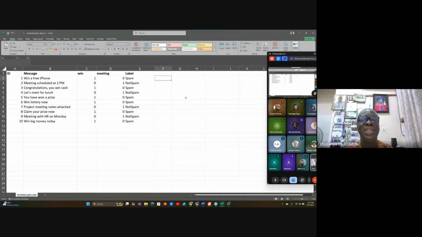But from this simple data, you will see later how we compute probability, that is, the likelihood that a message will be classified as spam, and the likelihood that the message will be classified as not spam.